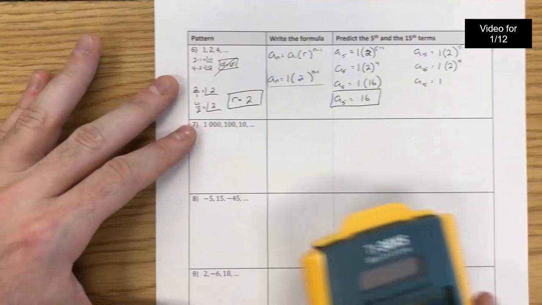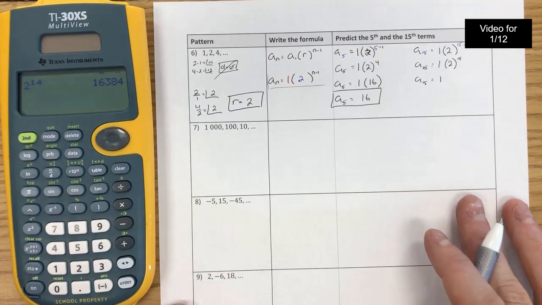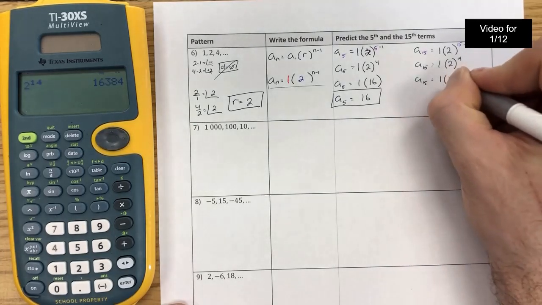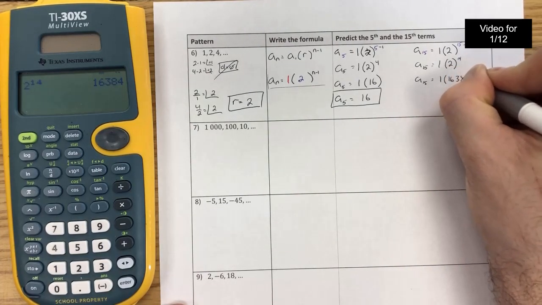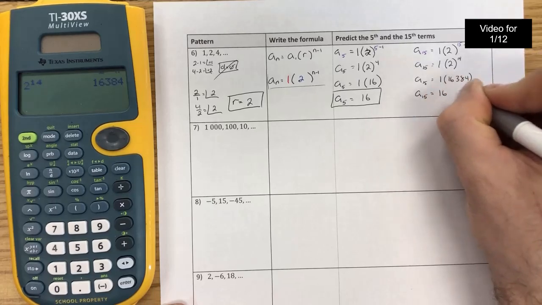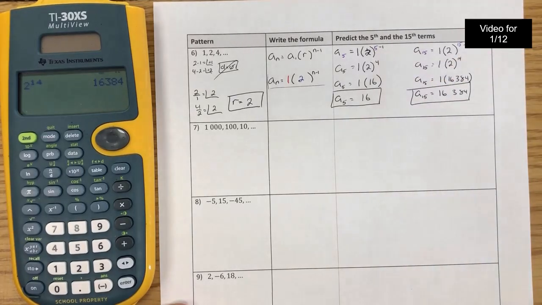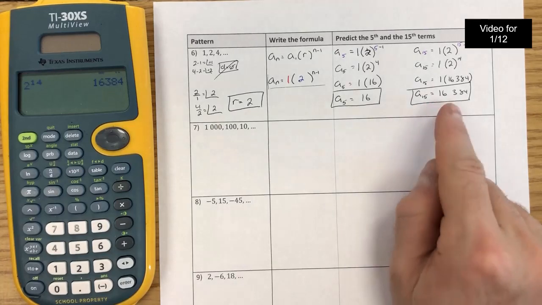Let's move this over. Actually, I'm going to slide this over here. 16,384. Which means my 15th term is actually 16,384. And now again, we could verify that if we wanted to actually sit there and count out times 2, 15 times.